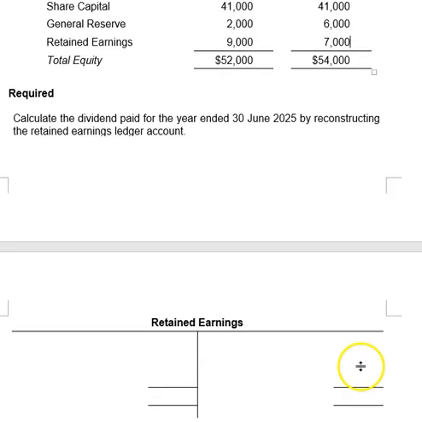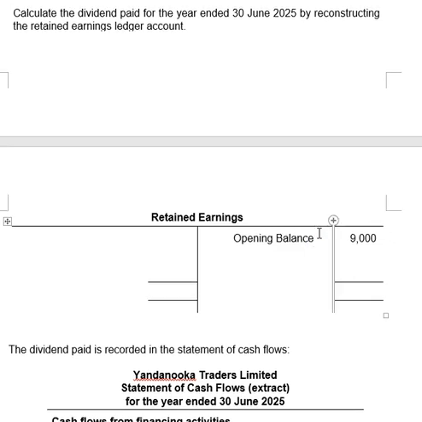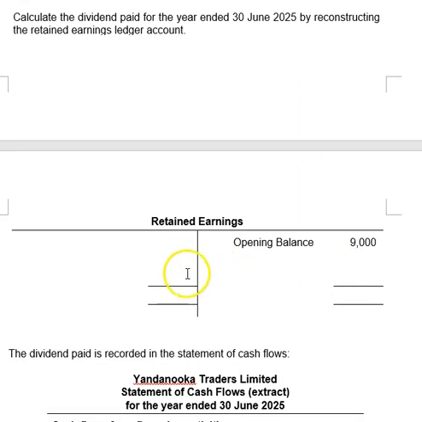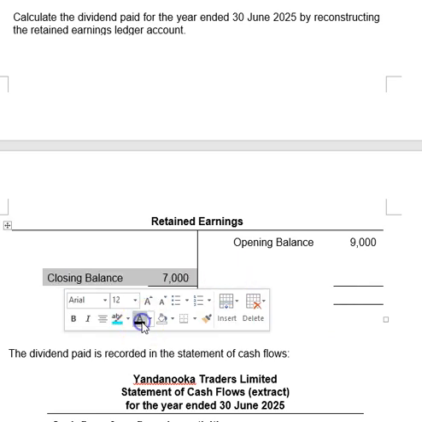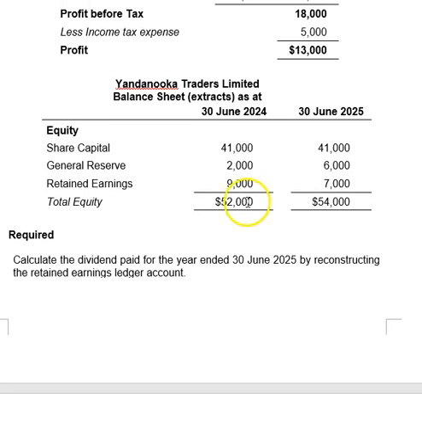Under your T account, you will have the opening balance on your credit side, which is 9,000, and your closing balance, which is 7,000, on your credit side.